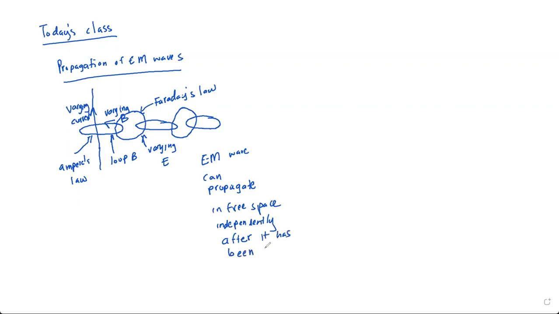using some source, which has been initially generated using a varying current, a varying electric field, or a varying magnetic field, right?